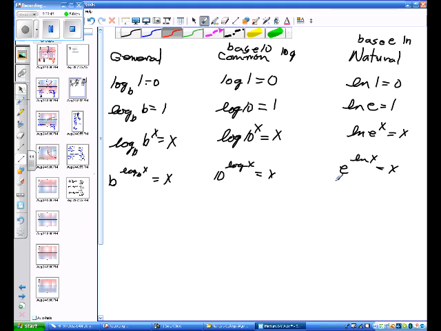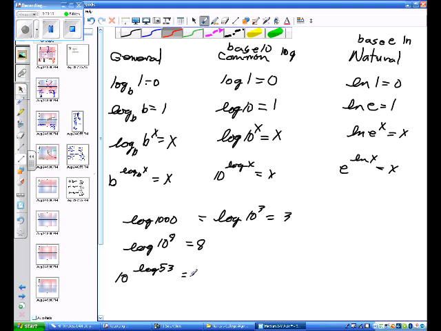So we can use this to evaluate without a calculator. If we wanted the log of 1,000. Well, 1,000 is 10 cubed. So this is the same as the log of 10 cubed, which would be 3. If we have the log of 10 to the 8, that's simply going to be 8. The base of my log is the same as the base of my number, so it equals the exponent. 10 raised to the log 53 is equal then to 53. The base of my log is the same as the base of my number.